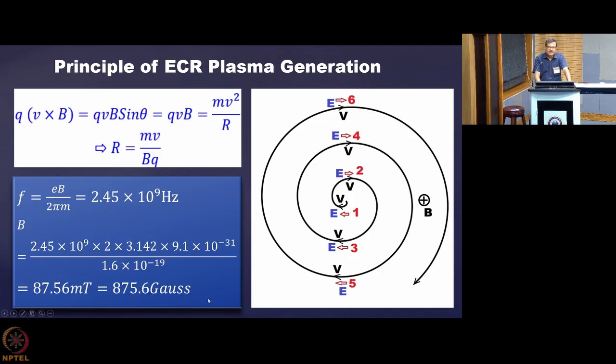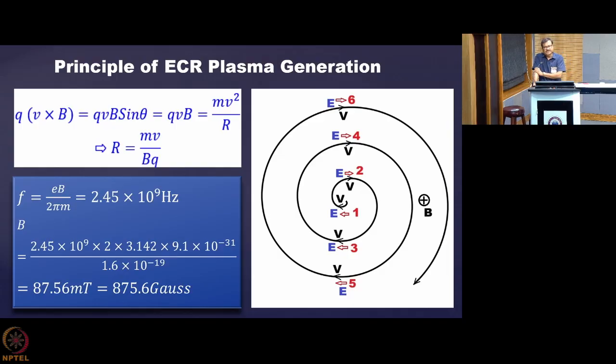So the magnetic field that you need to apply for the resonance to take place, so that the frequency of variation of the electric field will be the same as the gyration frequency, then the resonance will take place.